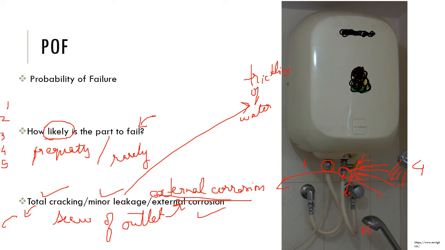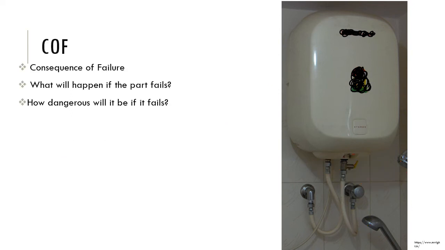So let's see what the next is, consequence of failure, that is CoF. Let's continue from the previous example. Now what is going to be the consequence of that failure? What will happen if the part fails? That's what this means. This outlet screw is, first of all, going to give out hot water, and if it fails, it is going to leak out the hot water.